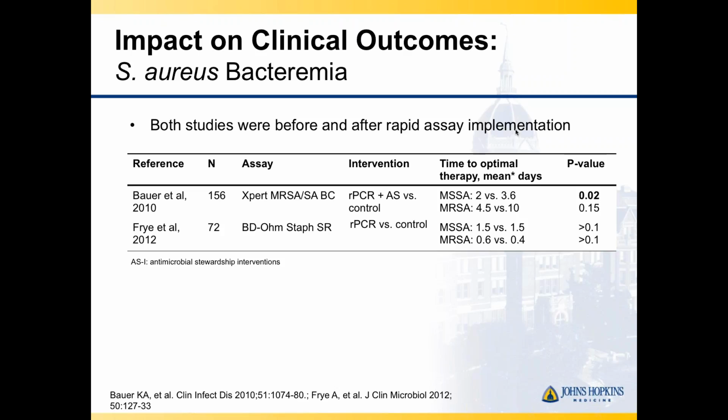The first study used PCR plus antimicrobial stewardship intervention compared with control, which is your traditional culture and susceptibility. In this study, they were able to decrease time to optimal therapy, usually oxacillin, from 3.6 days to 2 days, and that was significantly different.